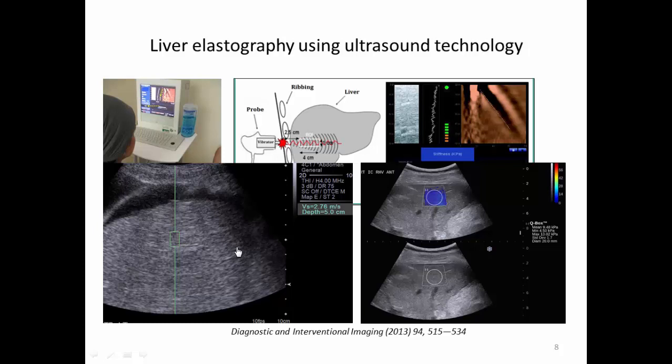And supersonic shear imaging is able to provide a real-time display of the shear wave velocity or stiffness, and it can also measure quantified data for us.